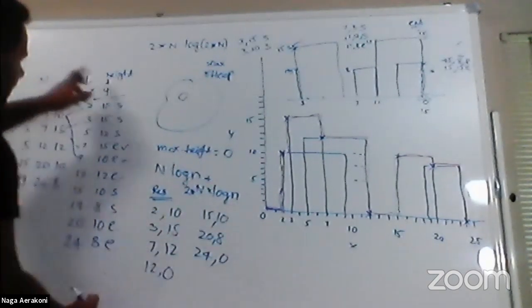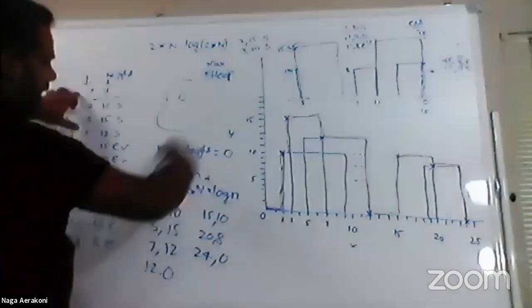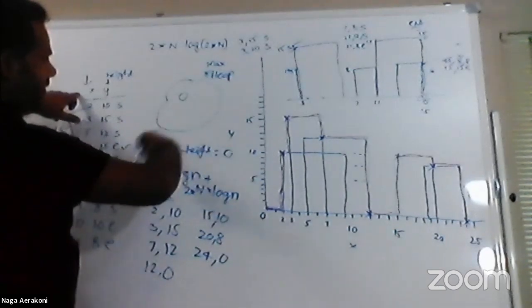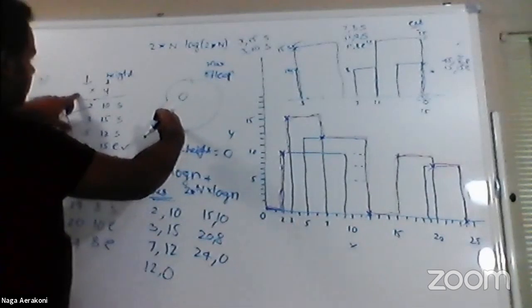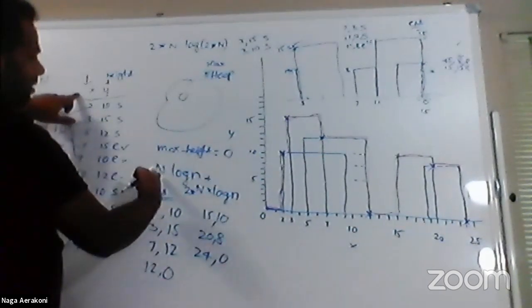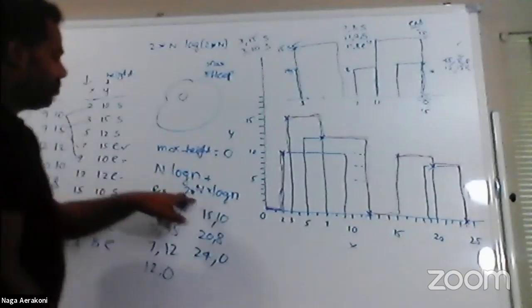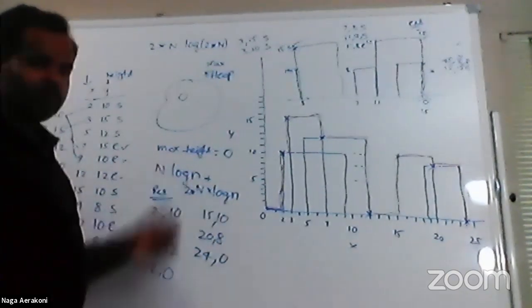We loop through all these 2n points, and each time we add, if it's a starting point or ending point, we keep adding the log n. We always do that log n operation on the priority queue. So it's 2n log n plus 2n log n. It's n log n if we ignore the constants.